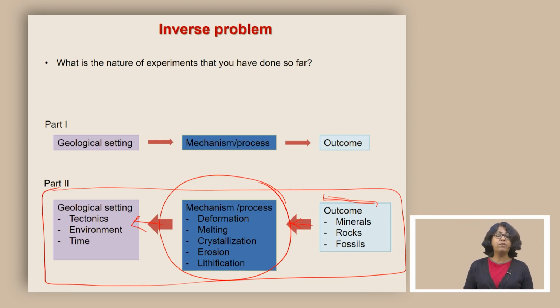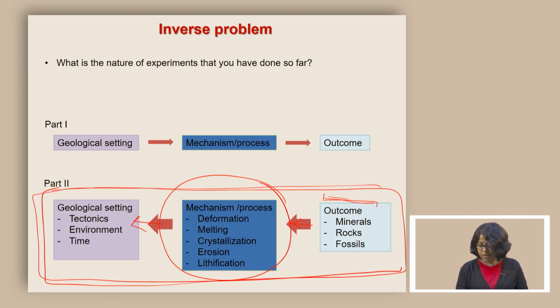It can also give us some understanding of what was the configuration of different geography of the earth or tectonics. So, this is a very important aspect of earth science, which involves uncertainty, which involves looking at the outcome and basically reconstructing back the processes and initial condition. Now, how do we do it?